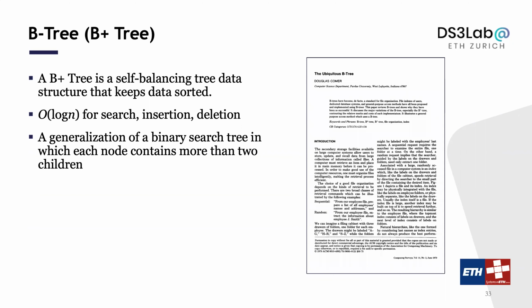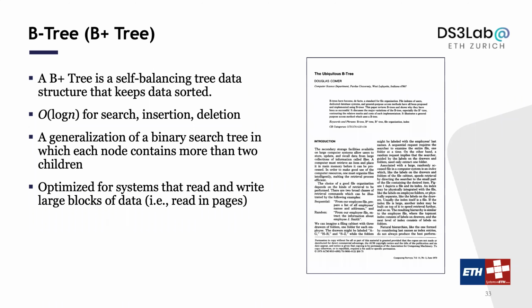It's a generalization of a binary search tree in the sense that every single node in the tree can contain more than 2 children. Essentially, every single node is a page, so it can contain a lot of children instead of only 2 as in a binary search tree. Why do we want that?